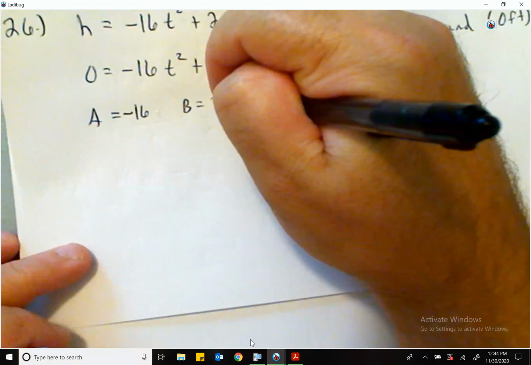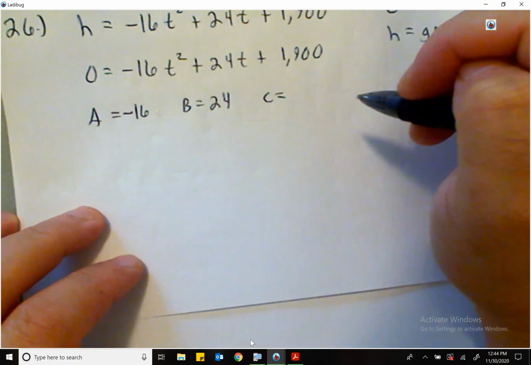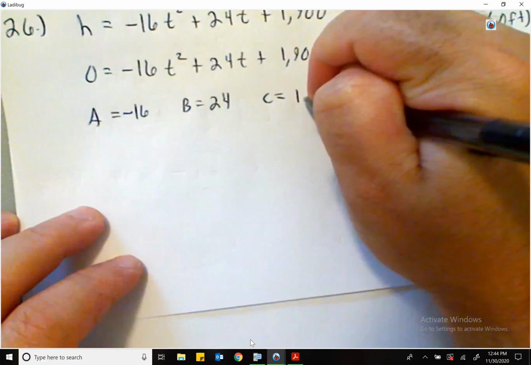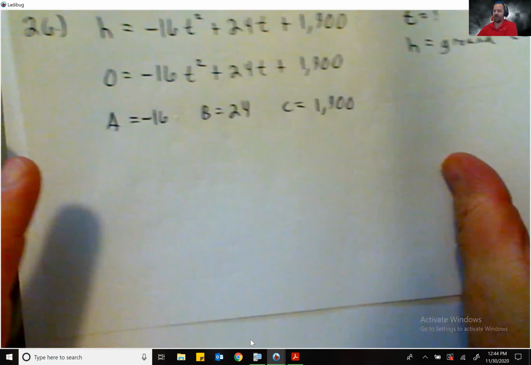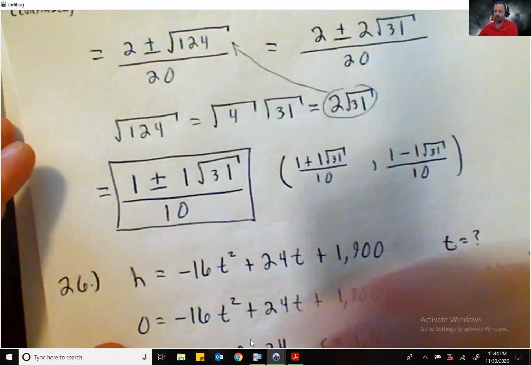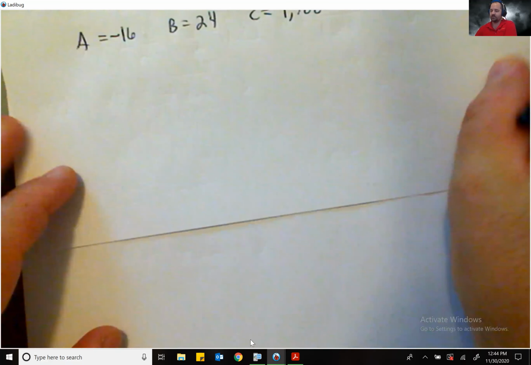What's our C? 1,900. Okay. So unlike before, like what we did up on number 25, how I kind of broke it down because they wanted an exact answer, because I can round on this, I'm just going to plug straight into my formula.